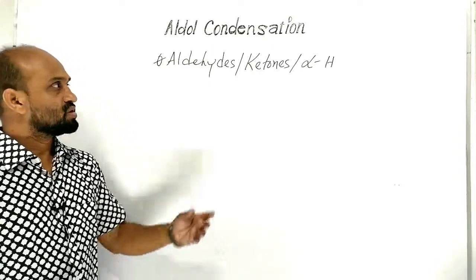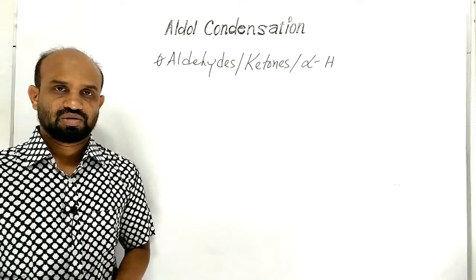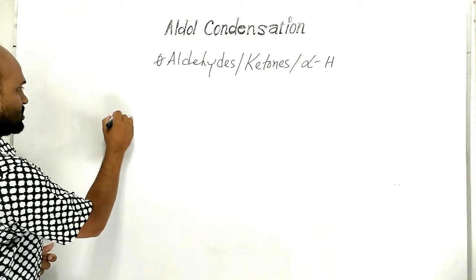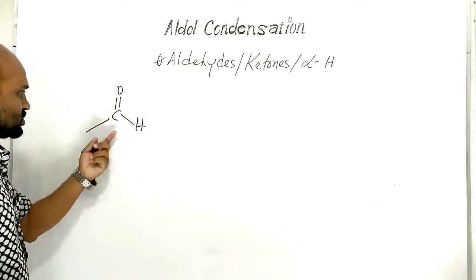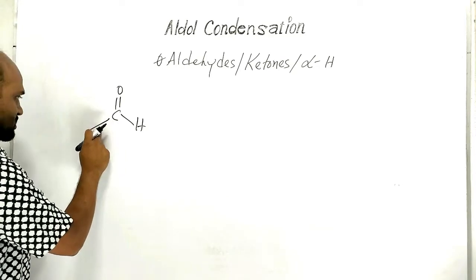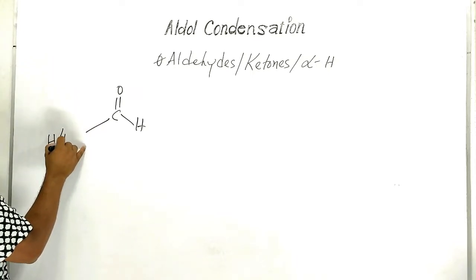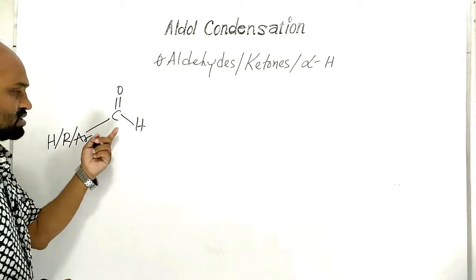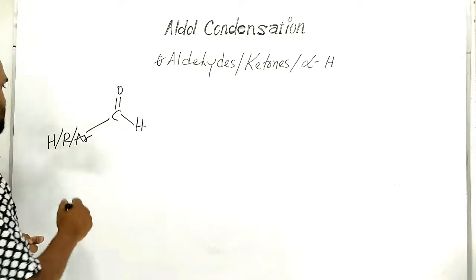First point is aldehydes, ketones, and alpha hydrogen. Let's see one by one. First of all, aldehydes. This is the functional group of aldehyde. When this hand is satisfied with hydrogen or alkyl group or aryl group, then the compound formed will be aldehyde.